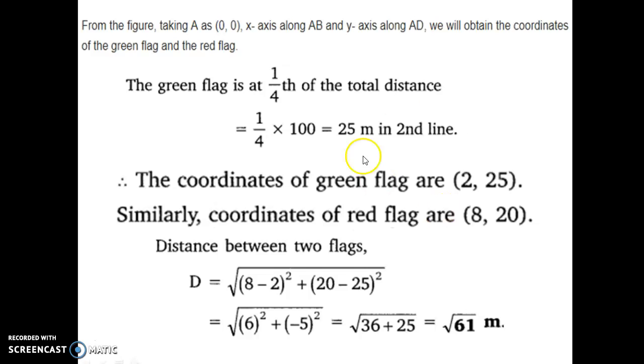The distance of 2 flags we are going to find out with the help of distance formula. In the first chapter, first exercise, we did that formula, root of (x2 minus x1) the whole square plus (y2 minus y1) the whole square. That formula we used, and we found out that the distance between the 2 points is root 61 meters.